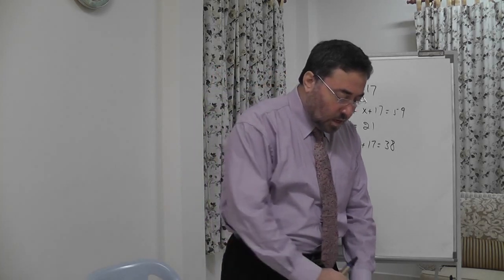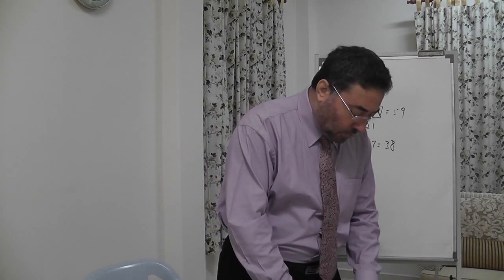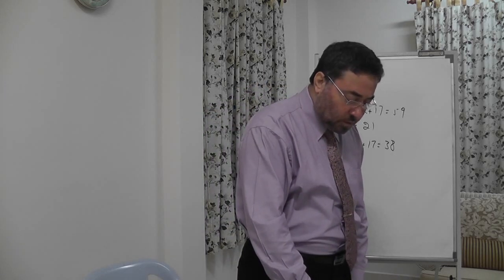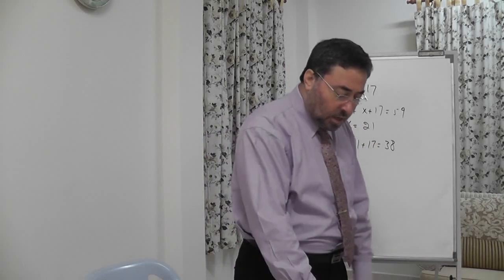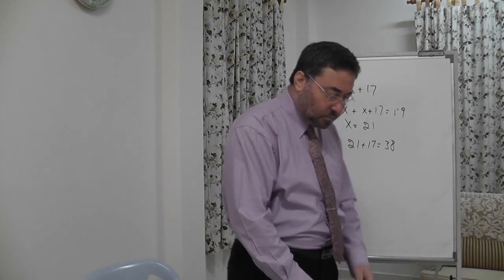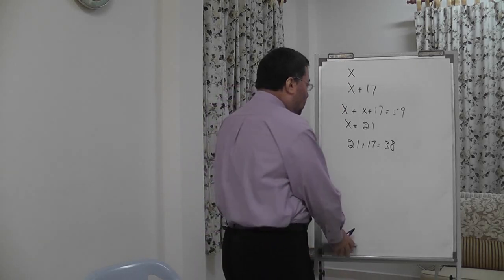A second example on page 130, a board that is 81 centimeters long is cut into two pieces. So we know that the sum of the two pieces is 81 centimeters. The first piece is 7 centimeters less than 3 times the second. Here we again assign x to be the smaller piece.